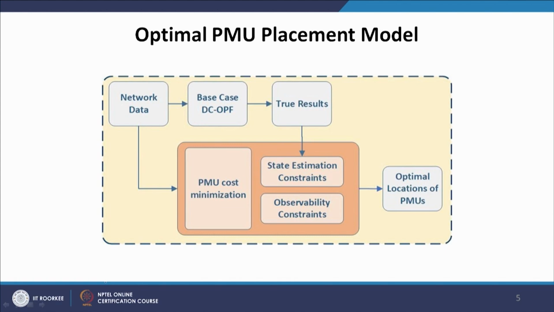Now, when you talk about an optimal PMU placement model, what we do is, first of all, we need to have all the network data, that is your system data. Let us say I have a distribution system, and similarly I can have one more distribution system.